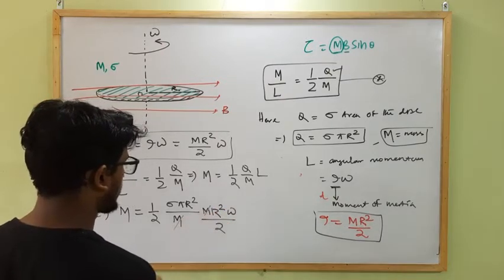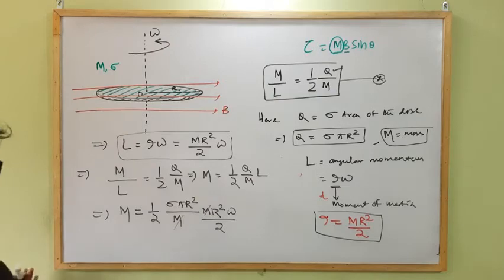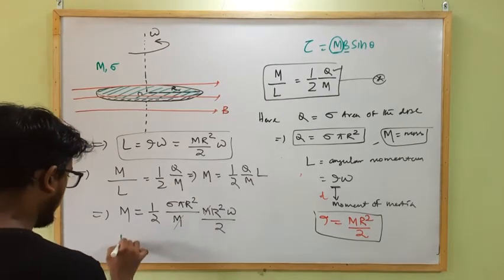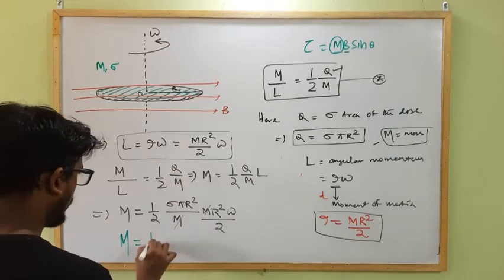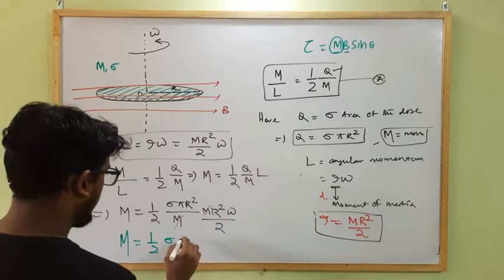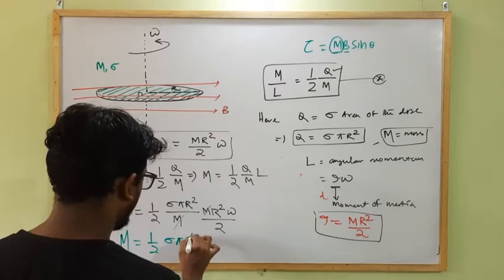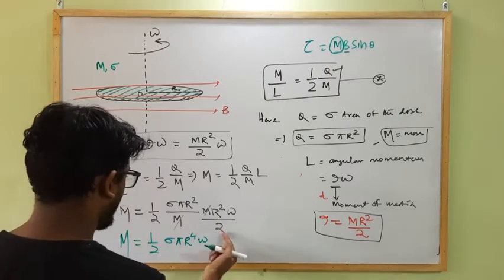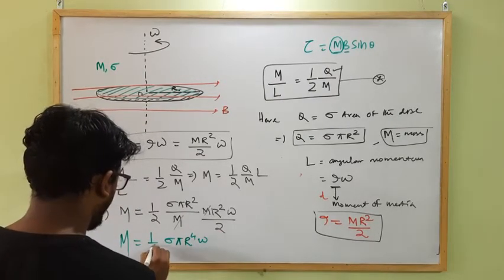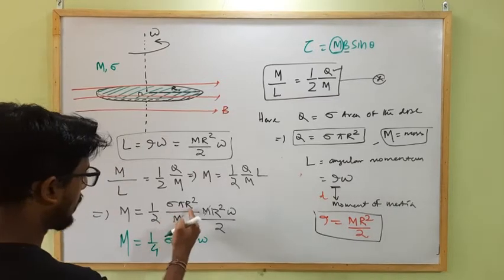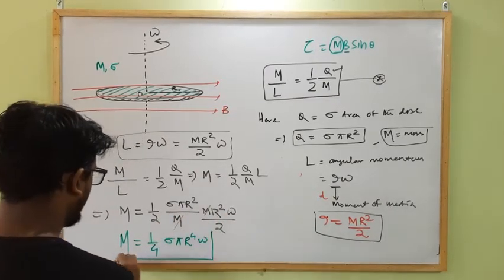The m will get cancelled. So the magnetic dipole moment equals half sigma pi r to the fourth omega, and with this half it becomes 1 by 4 sigma pi r to the fourth omega. So this will be the magnetic dipole moment.